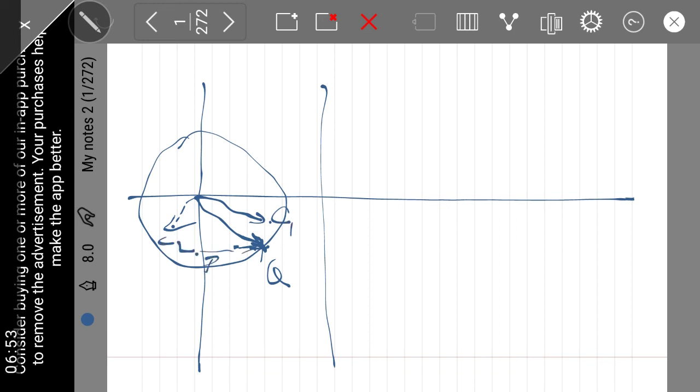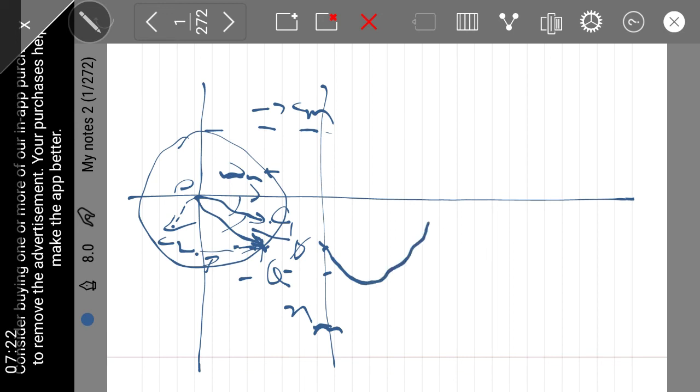This is P, this is point O, this is minus xm, this is xm, this is omega n t, this is phi. So we start from this point. Okay.